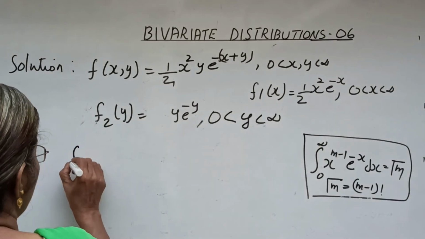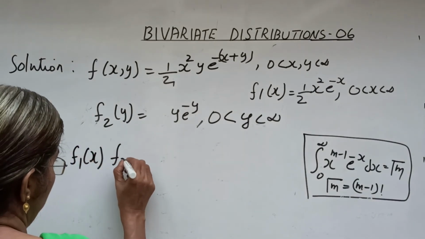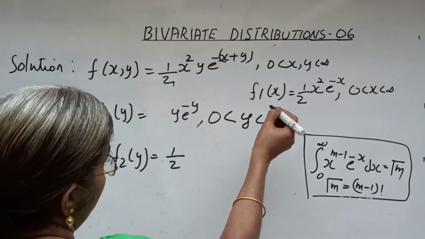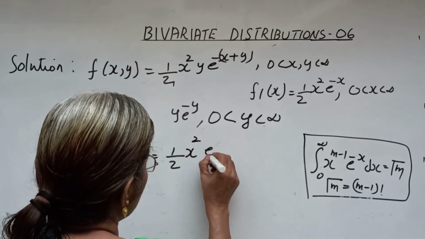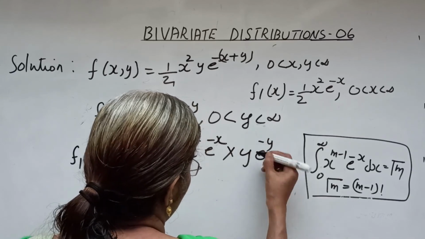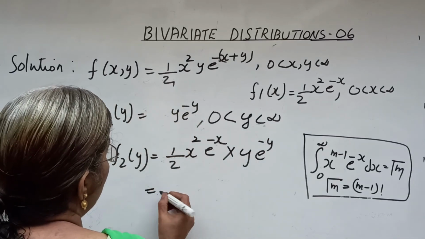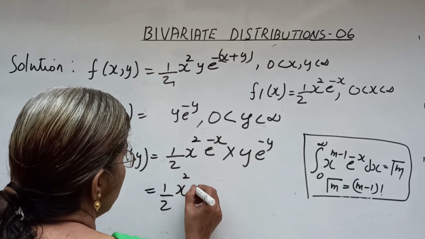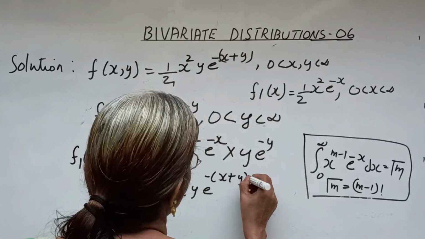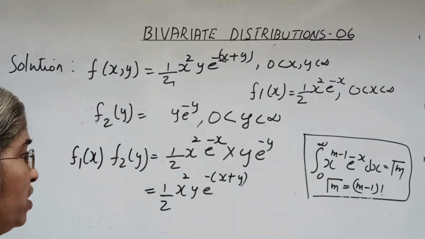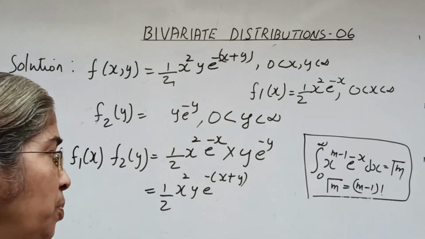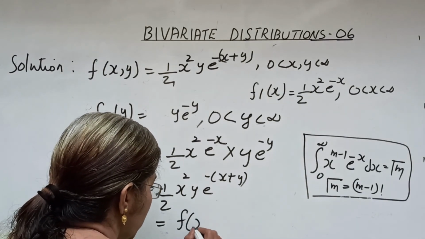Now f1x into f2y, what is the function? f1x is 1 by 2 x square e raised to minus x into y e raised to minus y. It is equal to 1 by 2 x square y e raised to minus of x plus y, isn't it? On simplification we get 1 by 2 x square y e raised to minus of x plus y, equal to f of xy.